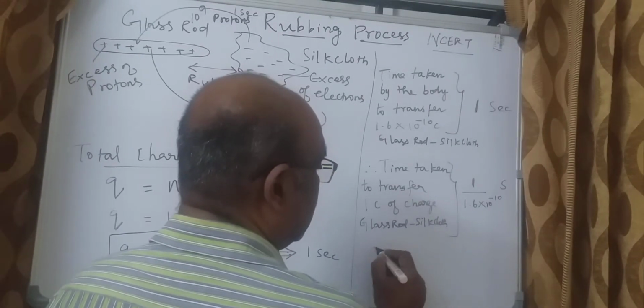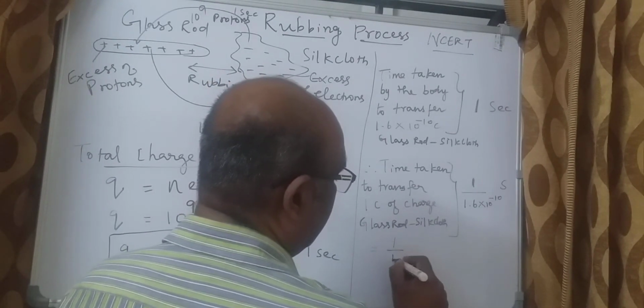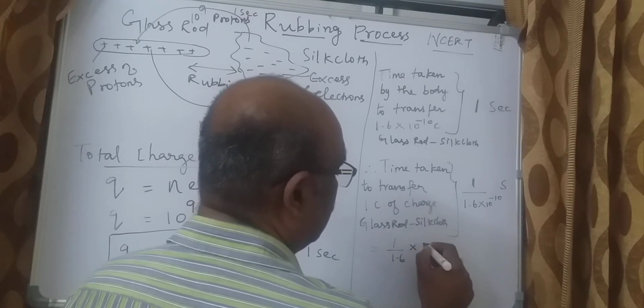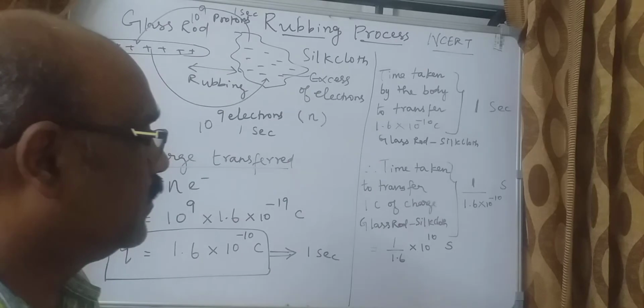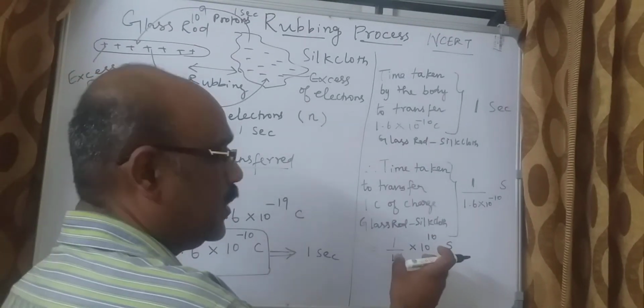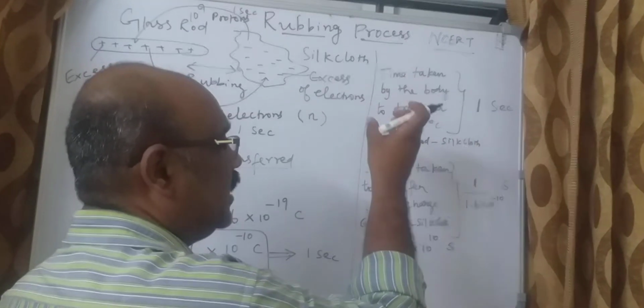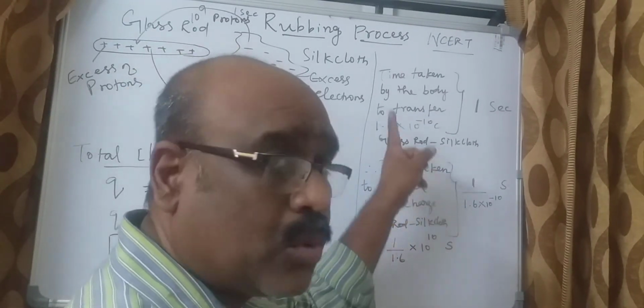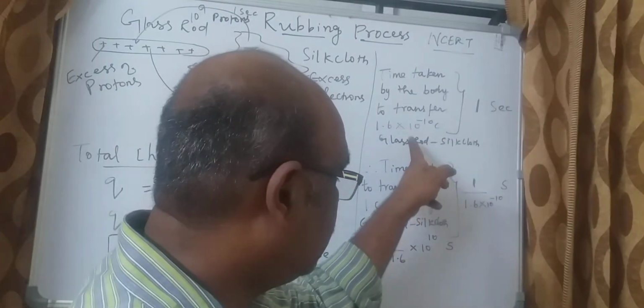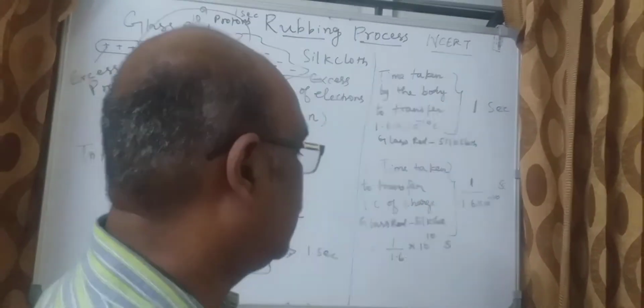So that is equal to 1 divided by 1.6 into 10 to the power of 10 seconds. This is the time taken by the glass rod to transfer 1 coulomb of charge from the glass rod to the silk cloth.